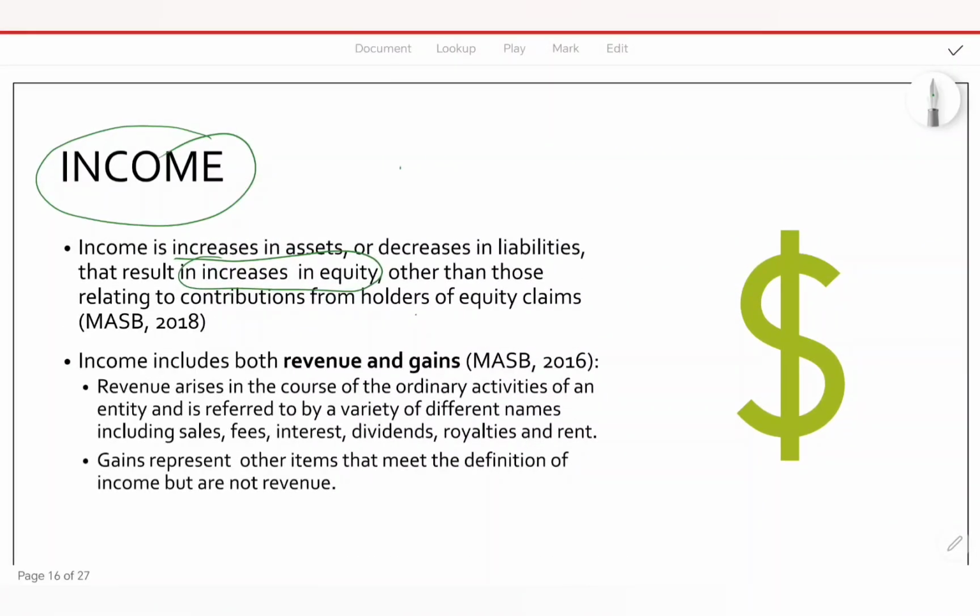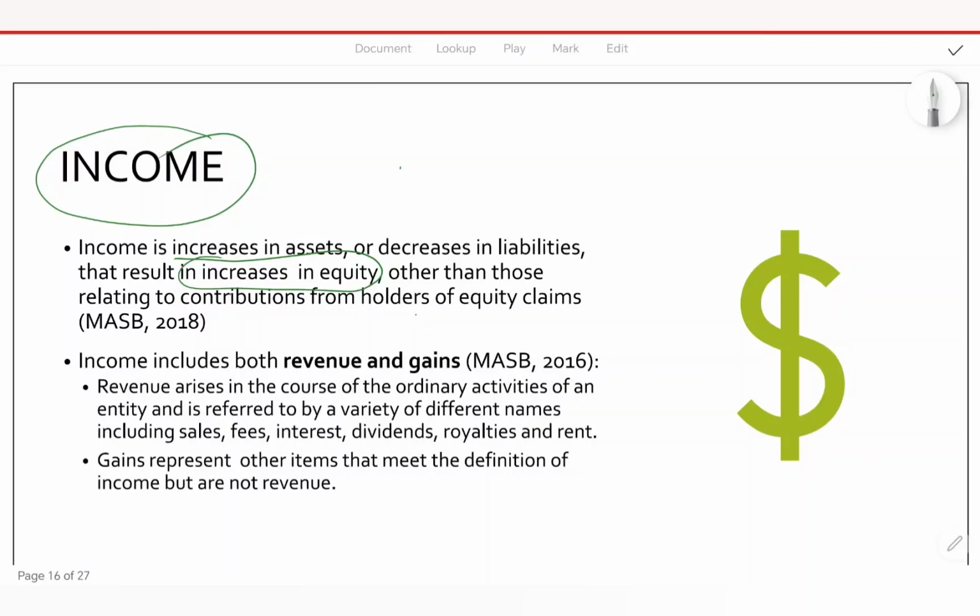But what is income? Income is an increase in assets. For example, if you make sales, sales itself is income, and that income results in an increase in assets because when you make sales, you receive cash from your customer. Or what if the sales is on credit?